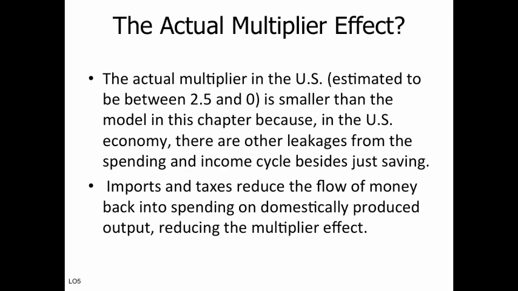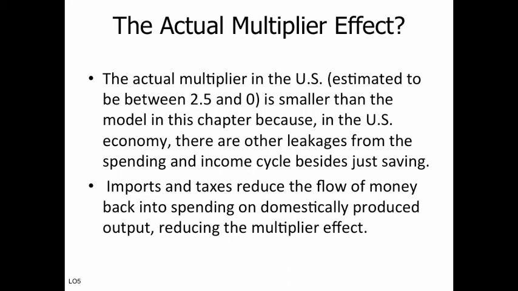So that's a standard textbook definition of a multiplier and how we calculate it, and we'll see again when we look at the aggregate expenditures model how we really use it. But what is the actual multiplier effect in the United States? Typically the actual multiplier in the US is estimated to be between about 2.5 and 0, where 0 is clearly very much on the low side and 2.5 would be, I would suggest, very much on the high side.